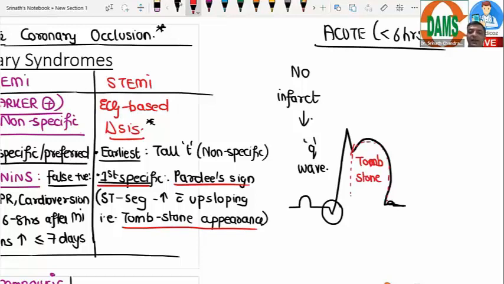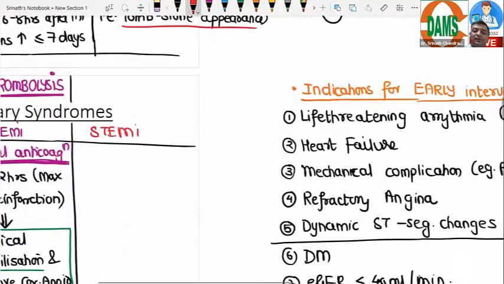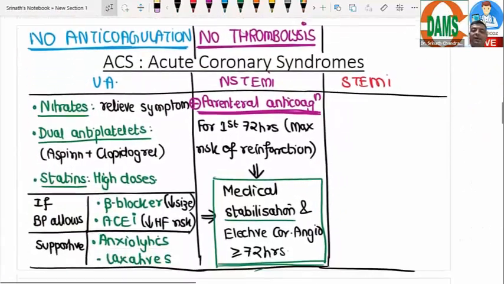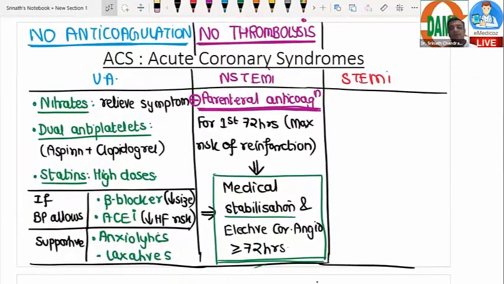So what is the treatment approach for a patient of NSTEMI? We have studied. So finish this column. STEMI, what treatment would you like to offer?